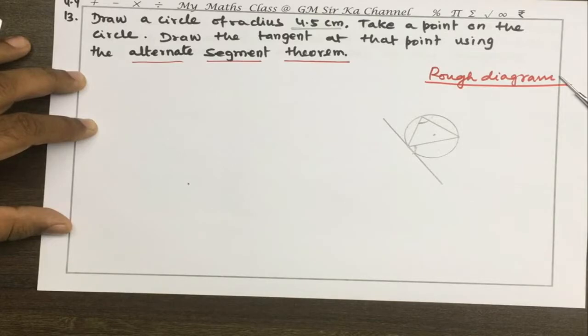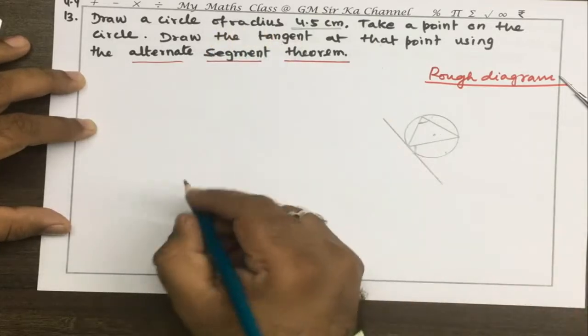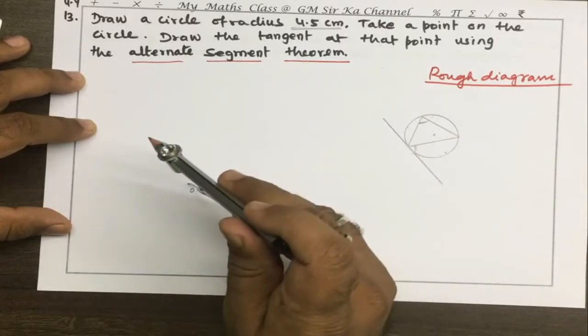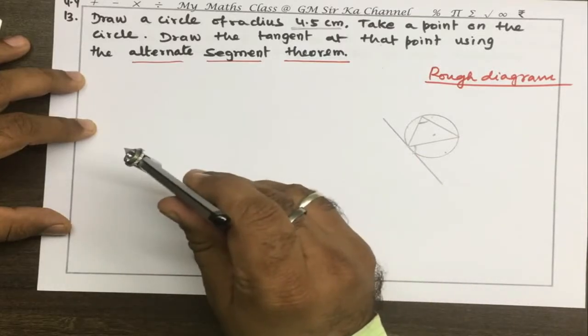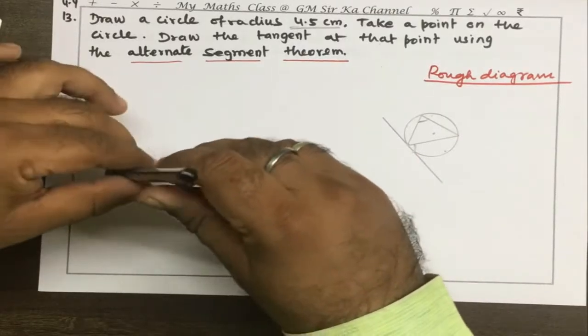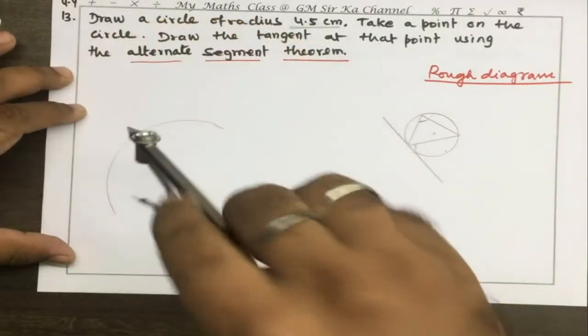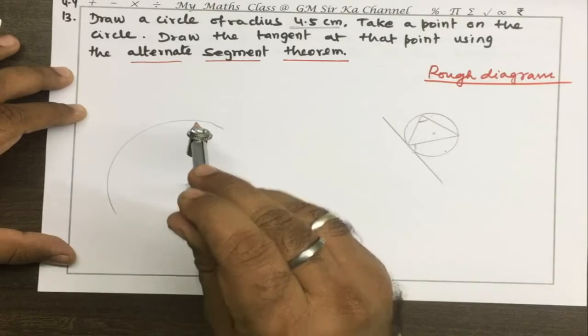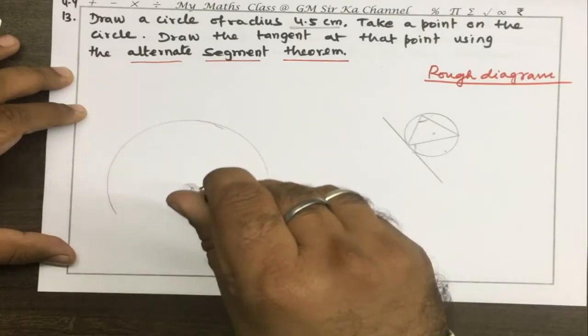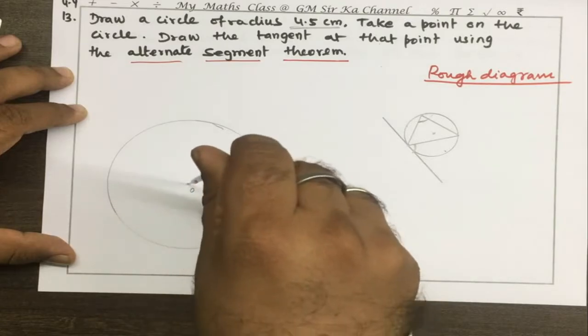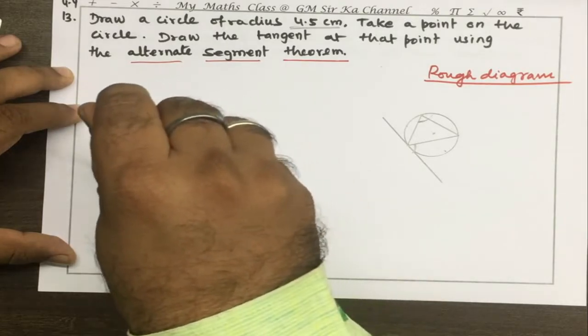Let us take any point as the center of circle O, and 4.5 radius is taken in the compass to draw the circle. Carefully we have to draw the circle.